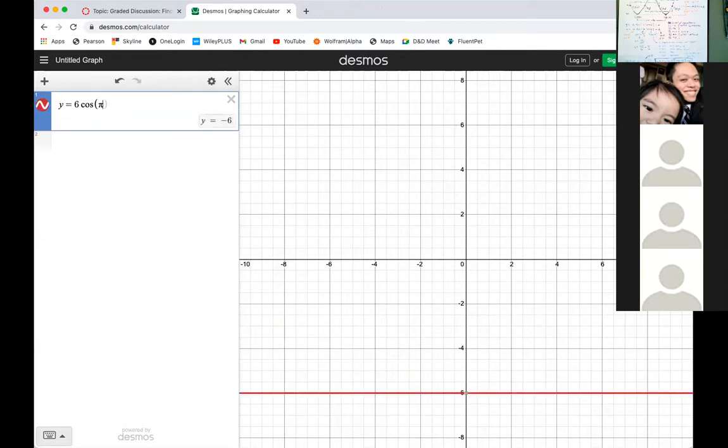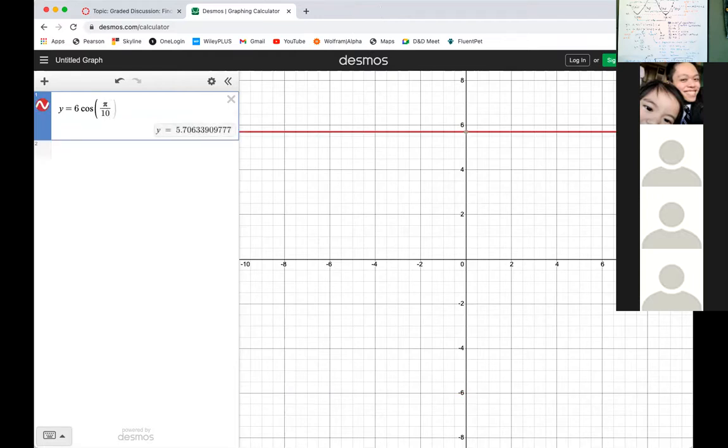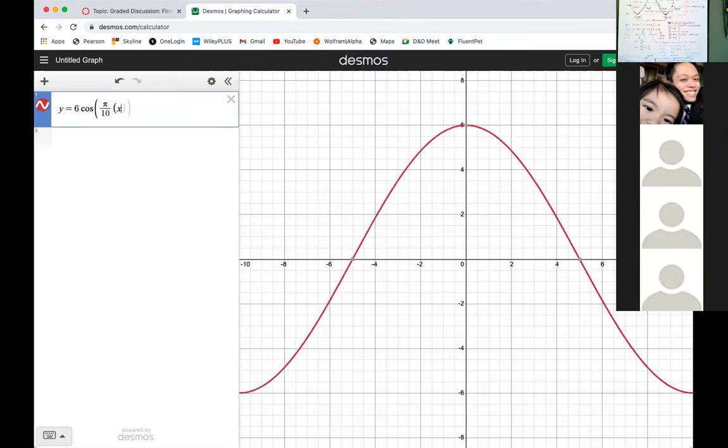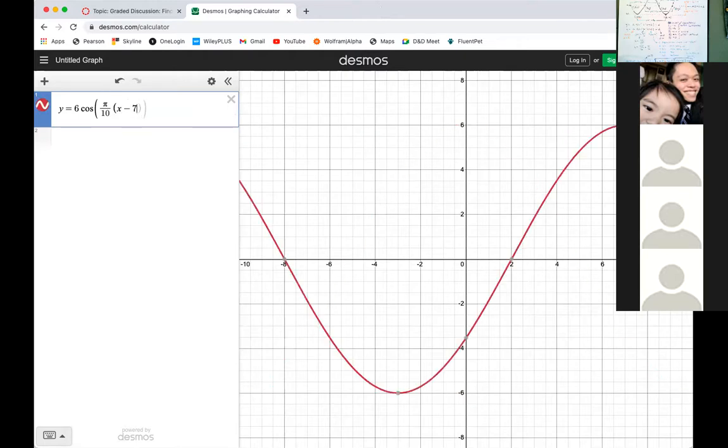This is the other thing I like about decimals. You just type pi.